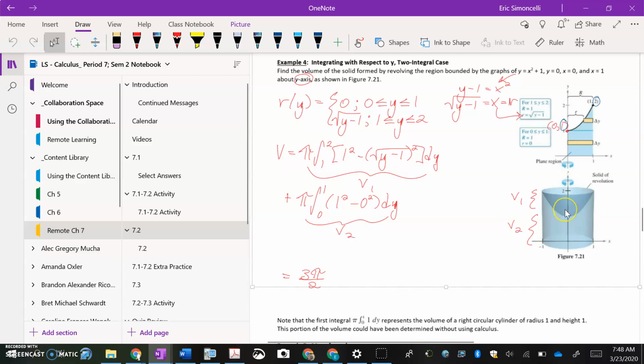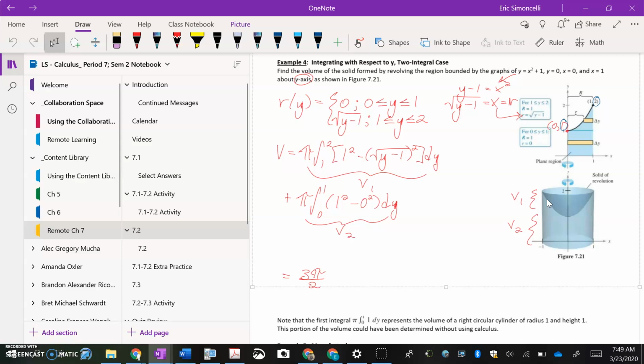The v sub 1 is more complicated because you're subtracting out this little circular region that, as you get closer and closer to the ordered pair 0, 1, ends up being a smaller circle to the point where it's literally a point. So this subtraction has to be done. So v sub 1 is this volume that we're calculating, while v sub 2 is this cylindrical region.